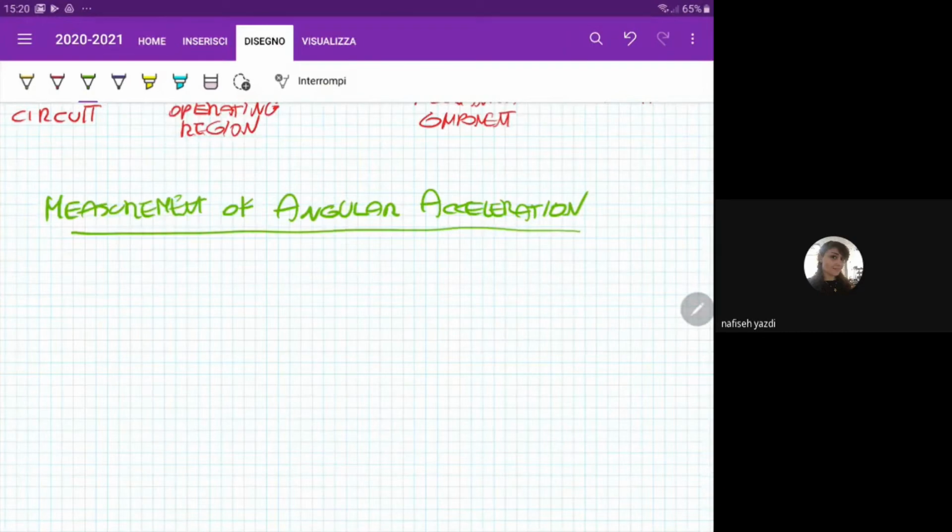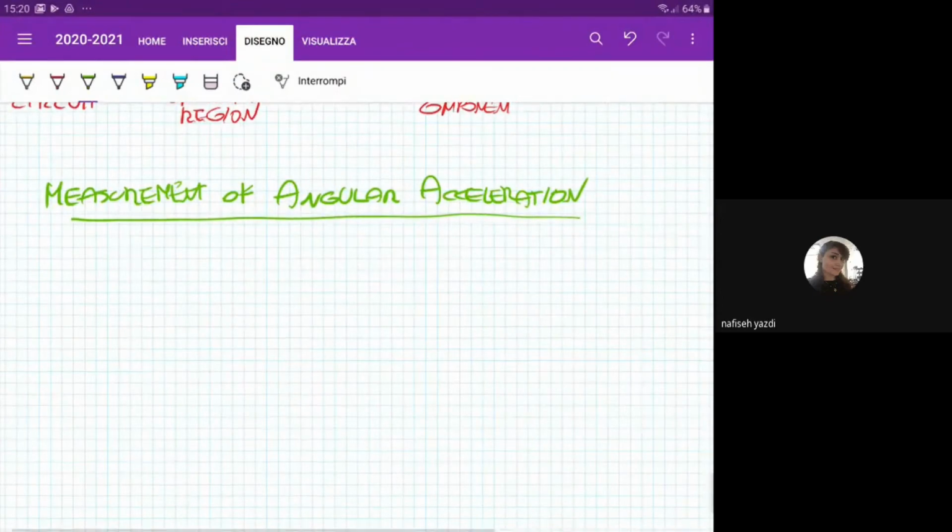And indeed, there is not actually an angular accelerometer developed with a very high degree of precision, okay? A way of representing these measurements could be done by introducing two accelerometers, okay?